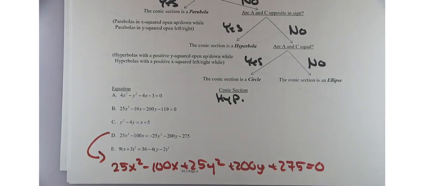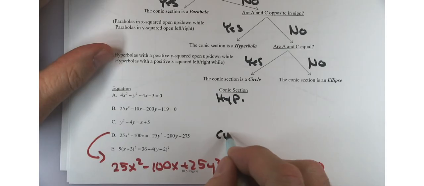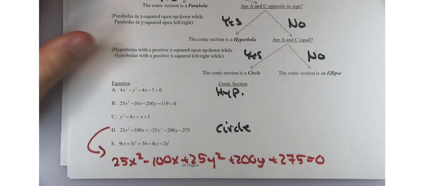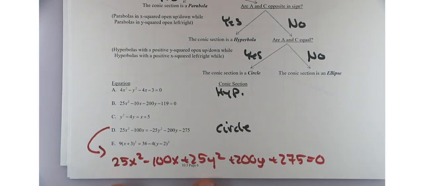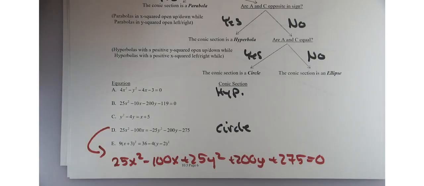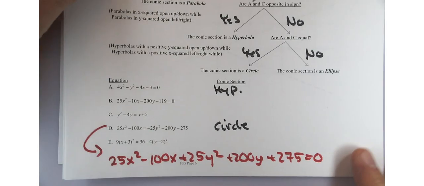So now you've got a circle. If you were to graph this, I could type this equation into Desmos right now and it would graph out a circle. So, nice. It's nice to understand what you're looking at before you start graphing these things, because then you know what to expect: one focus or two foci, a hyperbola, a parabola.